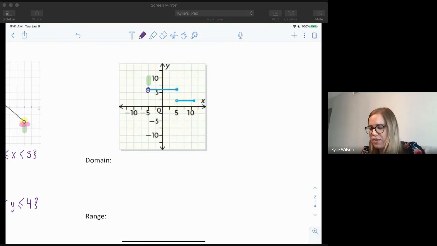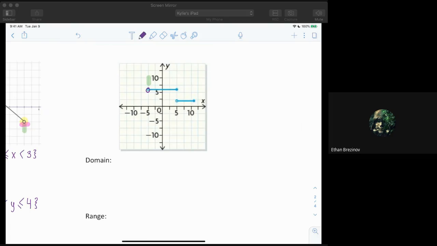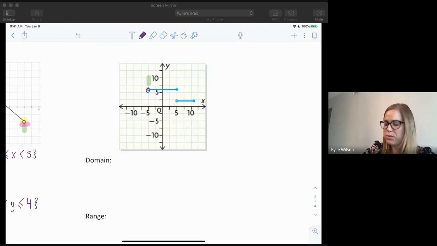So it would be everything larger than -5, but it wouldn't actually include -5 itself. So it would be x is an element of all real numbers, and x would be greater than or equal to -5, but it's not actually on -5. So in that case, we would just say it's greater than -5 because it doesn't actually touch -5. So that's the difference between saying greater than or equal to versus just greater than.